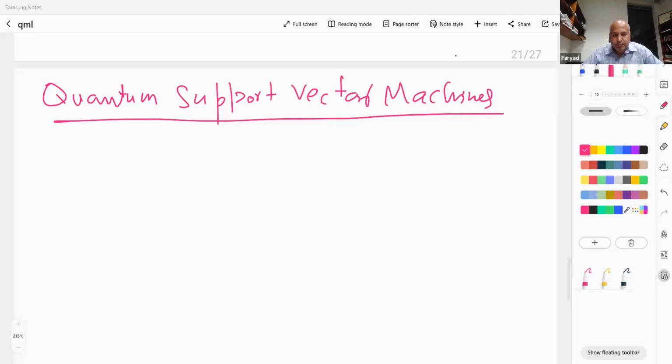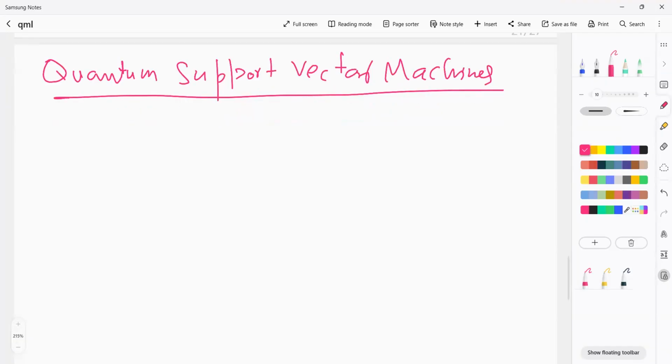Okay, so let's start with what support vector machines are. I'm going to derive the cost function for support vector machines, and along the way I will also explain. I have learned many classical machine learning algorithms and also quantum machine learning algorithms as well.